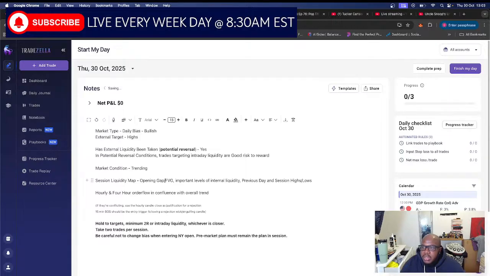So going into the session, what we're going to be looking for is to see if we can get some sort of decline into our gap that causes a rally and a break of structure on the hourly chart. If we do get that, we could potentially be looking for buys.